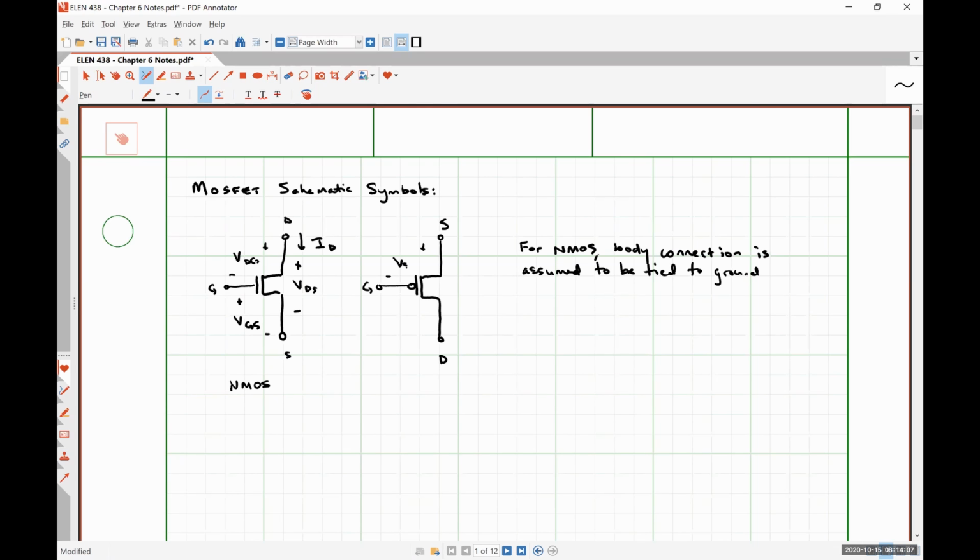So this is VSG, this is VGD, VSD, and our drain current is like so. So this is our PMOS, where we're assuming that the body terminal is tied to VDD, the highest potential in the circuit.